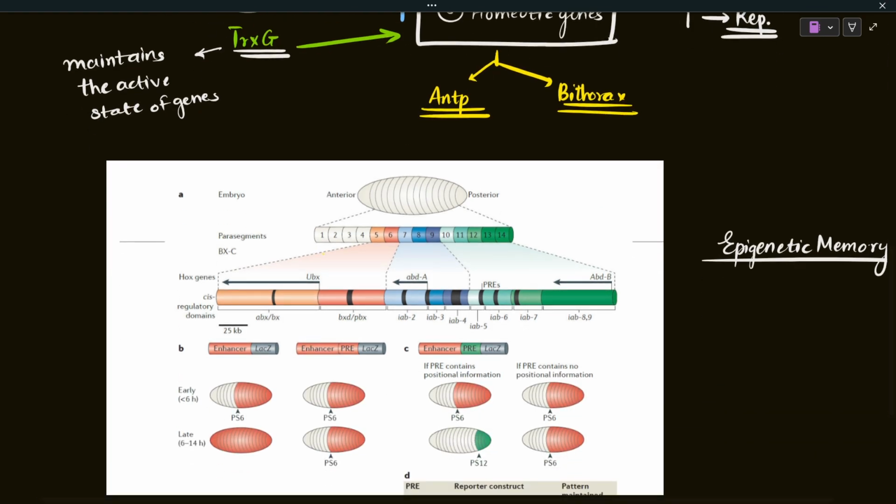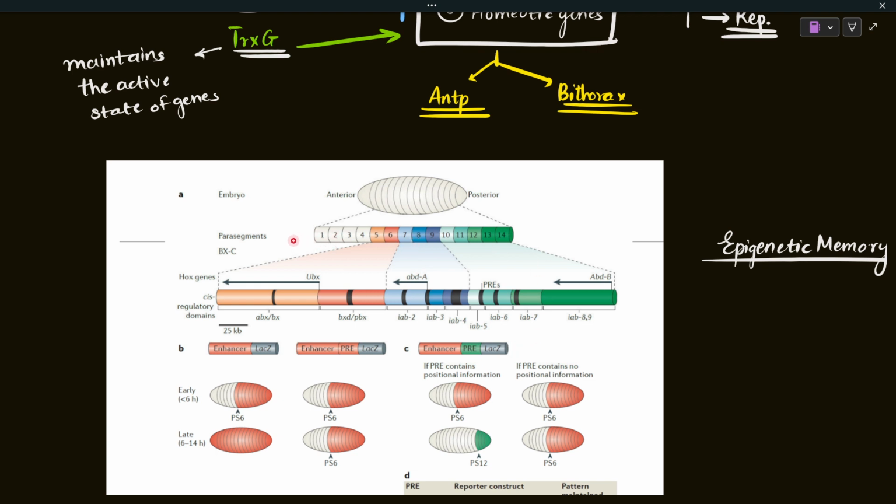This particularly shows the bithorax cluster. UBX, ABD-A and ABD-B, all those three are in the bithorax cluster of the homeotic genes. So this is the bithorax cluster of Hox genes.